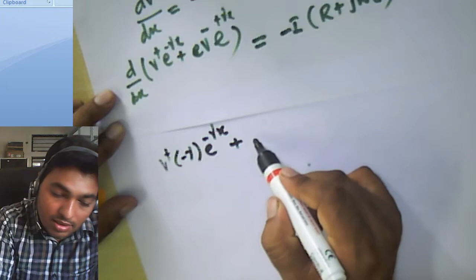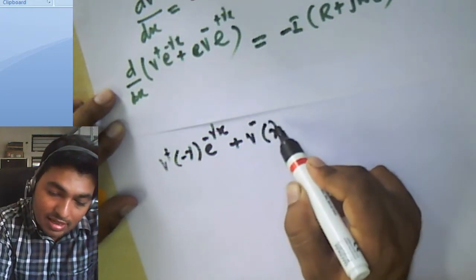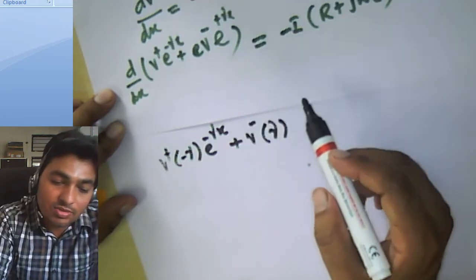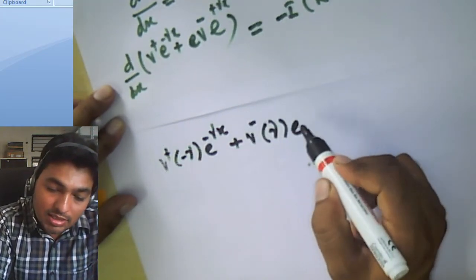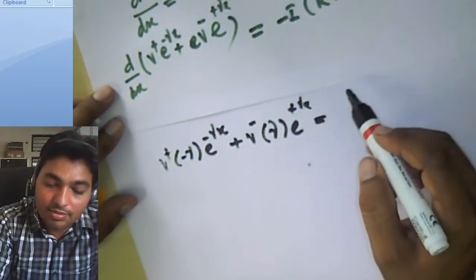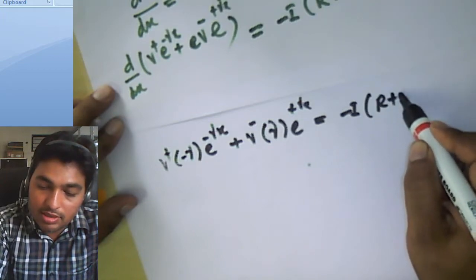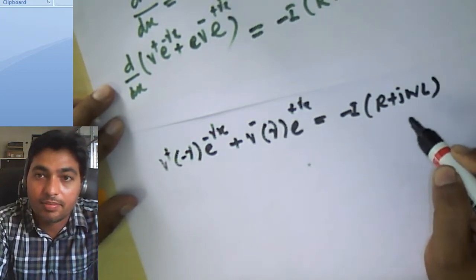So V minus will be as it is, then we'll have gamma, since d by dx of e raised to gamma x is gamma e raised to positive gamma x, and that will be equal to minus I times (r plus j omega l).